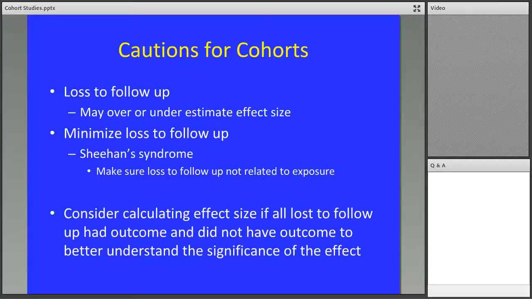Again, loss to follow-up may also over or underestimate effect size. And the classic example of this are the initial studies for Sheehan syndrome. So the doctor who is interested in the effects of major hemorrhage sent out questionnaires to people, and he got a bunch back, and he noticed that he had a bunch of people who didn't send anything in. So being a good student of epidemiology, he followed up with those patients.